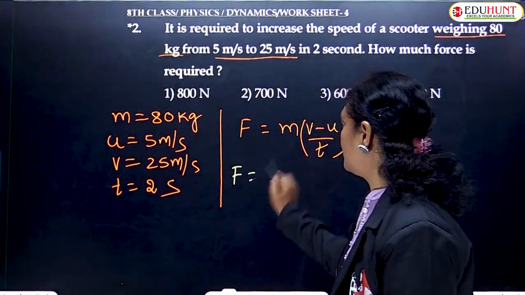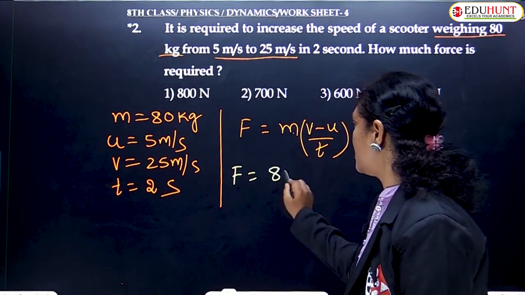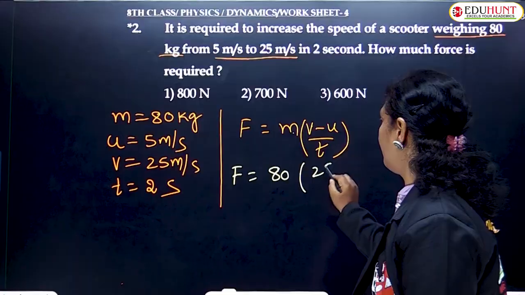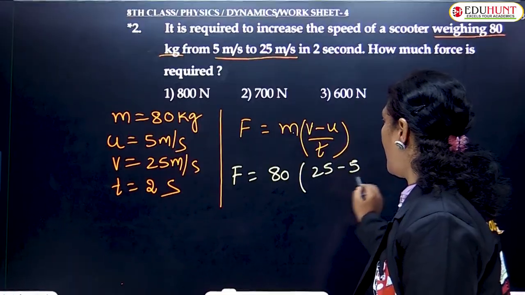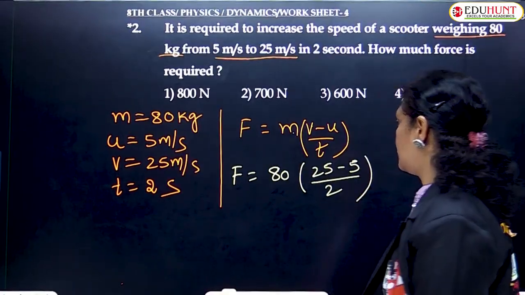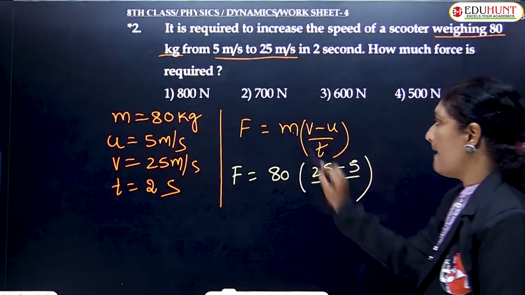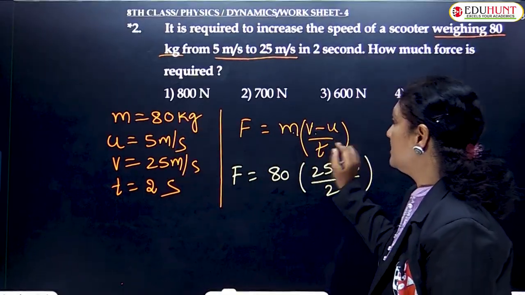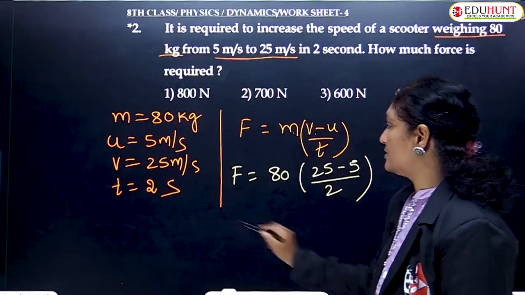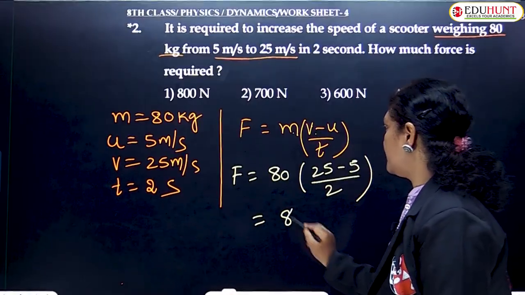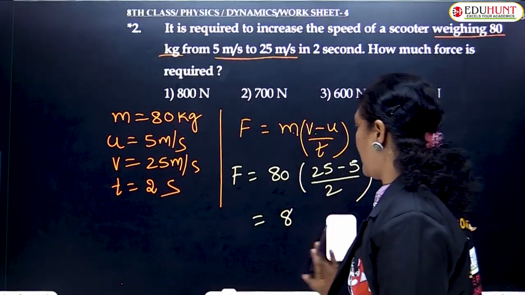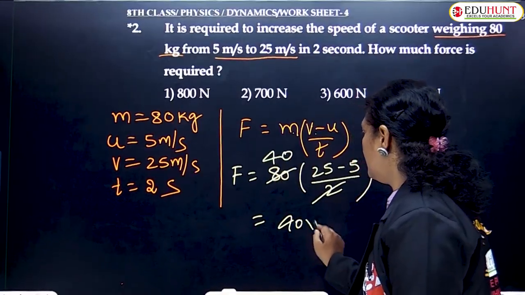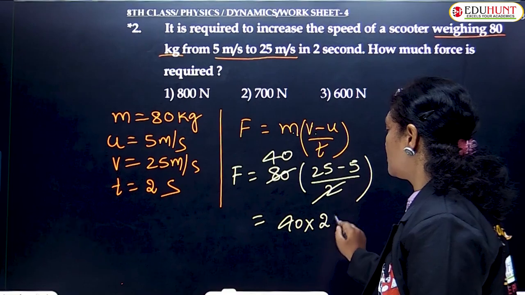I'll solve it here. F is equals to mass 80 kg into v minus u, v is 25, u is 5, upon time is 2 seconds. So everything is substituted. Mass m is 80, velocity v is 25, u is 5, and t is 2. So solve it children. 80 here, I can simplify. 2 goes 40 times, so 40 into 25 minus 5 is 20.